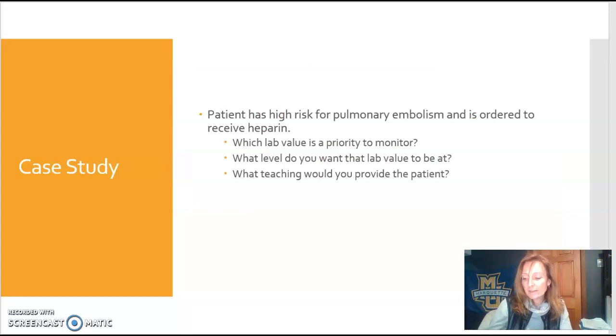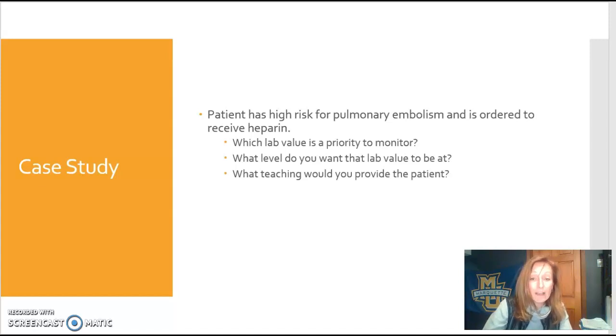All right, so here's a case study. You have a patient who is high risk for a pulmonary embolism, and they're ordered to have heparin. First question, which lab value is a priority to monitor? Remember, heparin, that H, you separate that H and it looks like two small t's, so that is excellent, great job. PTT, you're monitoring their PTT.